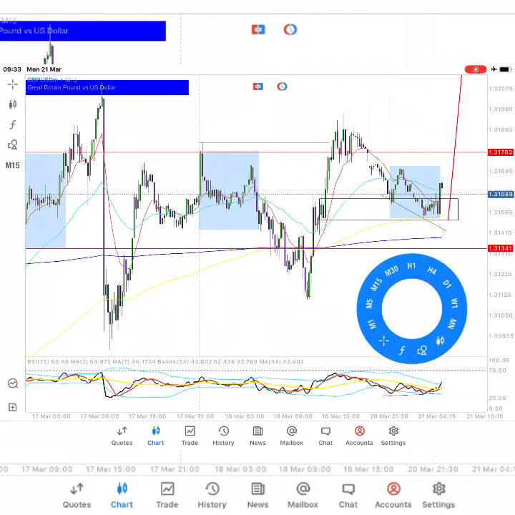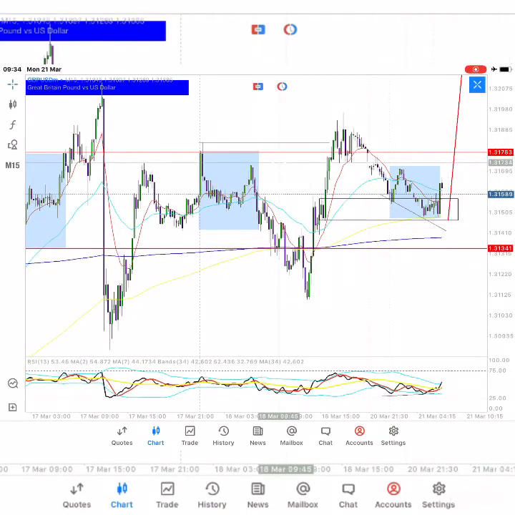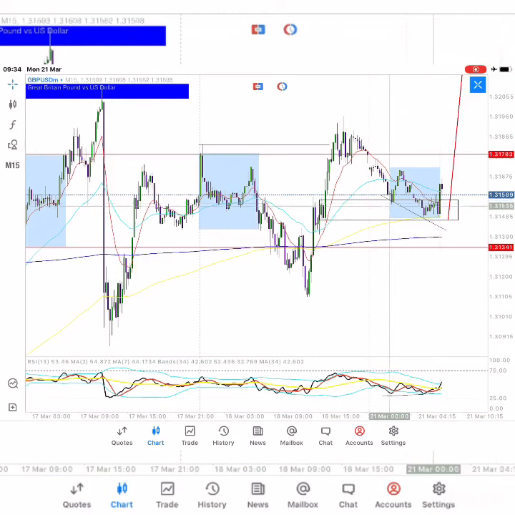I want to explain how I got this entry to you guys. So as you can see here, price pushed, broke structure, indicating bullish momentum in the market. So we marked out our order block, this last down candle before this up move that broke structure, and we were waiting for confirmations as price got in this region.